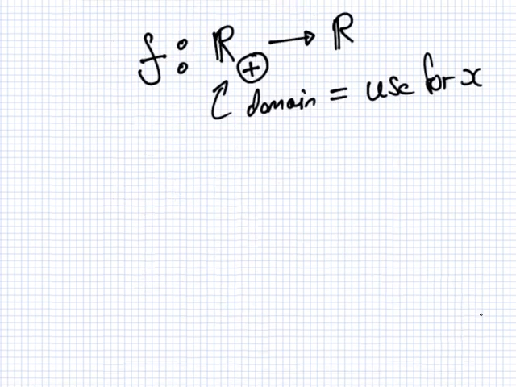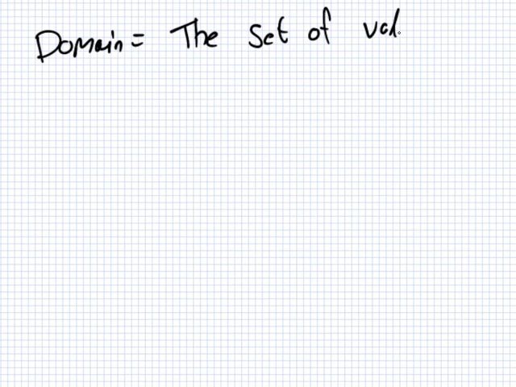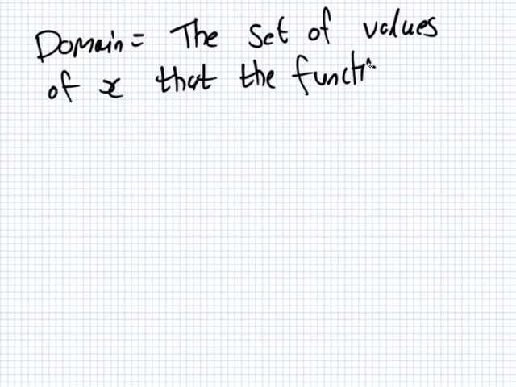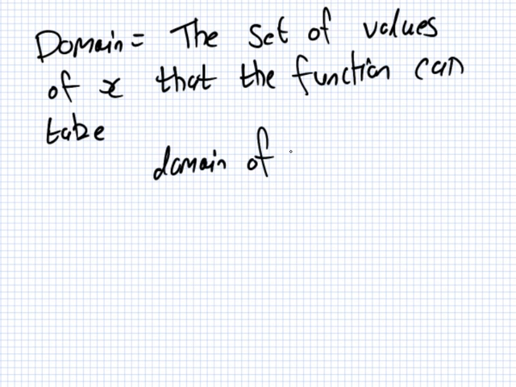So the simple definition: domain, the set of values of x that the function can take. Some examples: the domain of root x is all positive numbers.